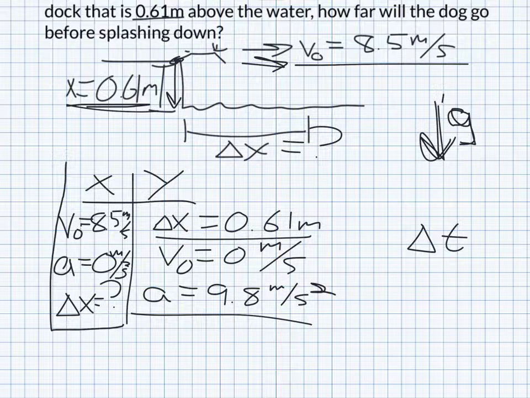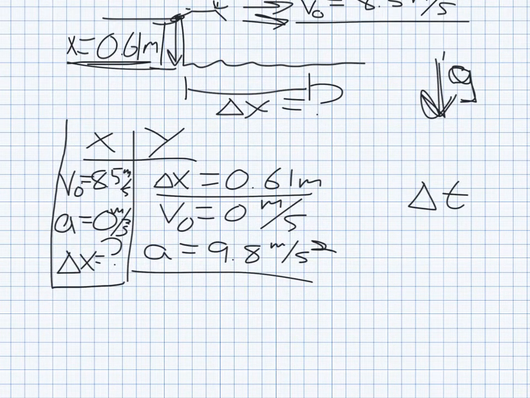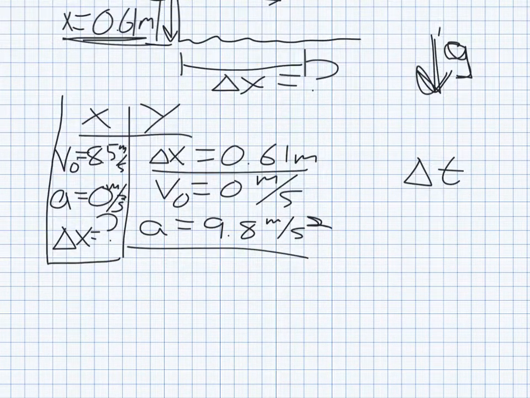A time interval of 3 seconds is the same in the x and y direction. So what I'm going to do then is solve for how much time it takes the dog to hit the water. And if I know that, then I also know how much time it took the dog horizontally. If that makes sense to everybody.